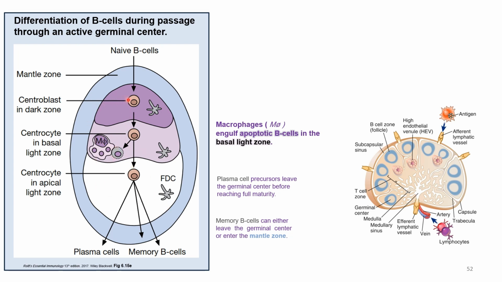In the dark zone, these cells, which we now call centroblasts, which are B cells, are undergoing rapid proliferation. Once they've undergone proliferation, they are then able to enter the light zone. And in the light zone is where they actually get tested to see which of them has the strongest B cell receptor.